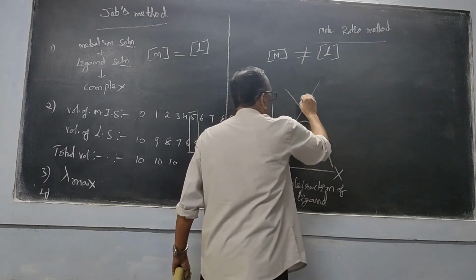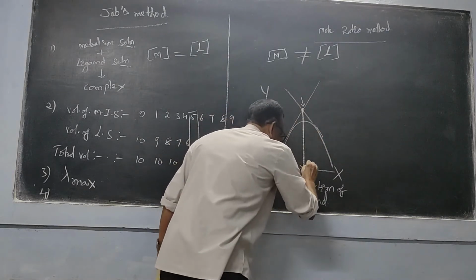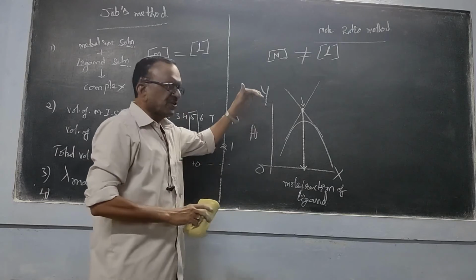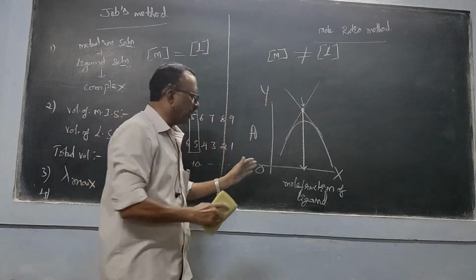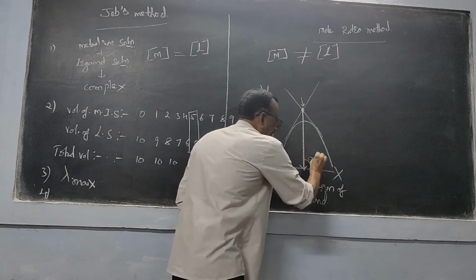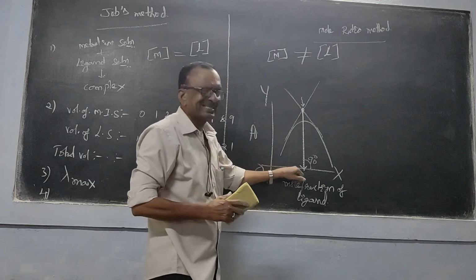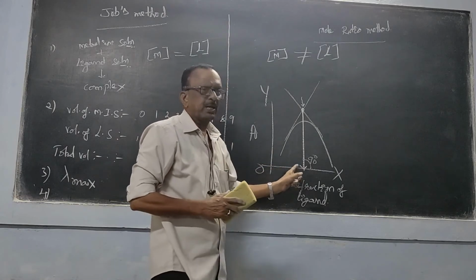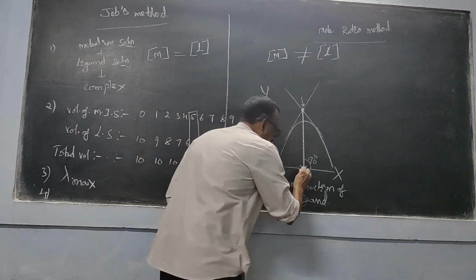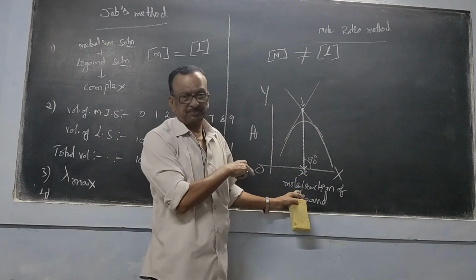From this point of intersection, we have to draw a straight line perpendicular to the x-axis, that is, at 90 degrees. The perpendicular line drawn towards the x-axis will meet at a fixed point. This will give us the mole fraction of the ligand.